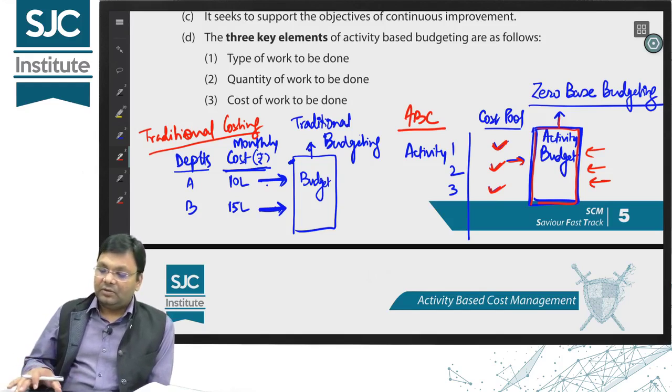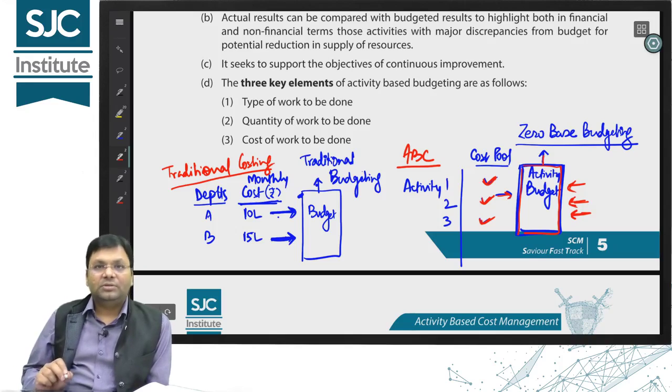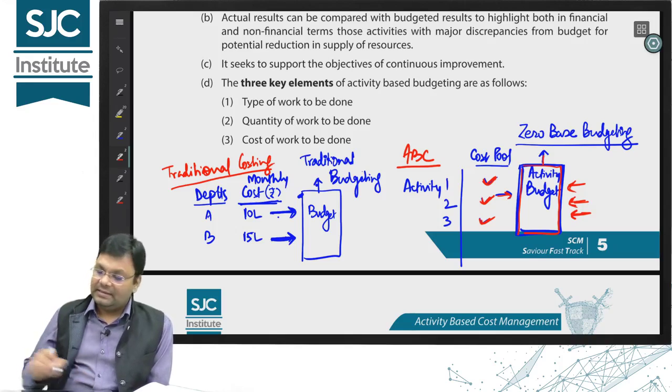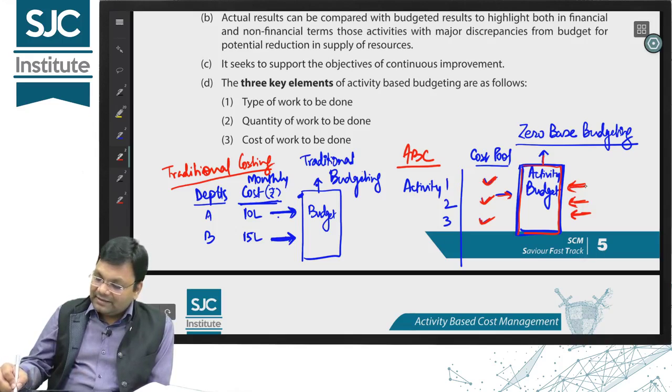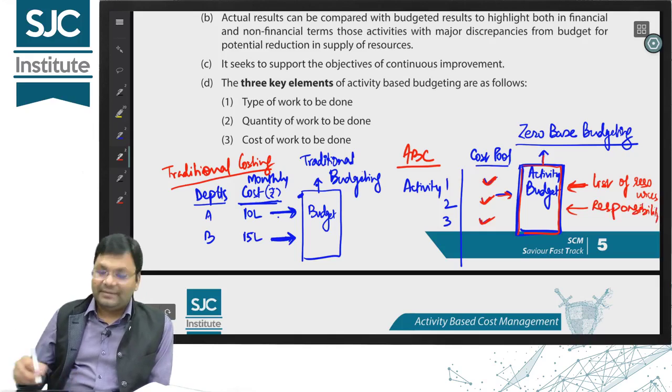Got it? So I am again repeating, whenever we are writing the answer about activity-based budget, we always talk about three things. What three things? First, that every time it requires justification of cost, so the list of resources is well noted every time the budgets are prepared. Second, who will be doing it, that is, the activity staff responsibilities are well noted so that we can understand who will be doing what, so that there is no misutilization of funds.